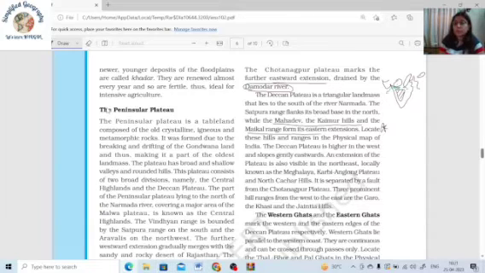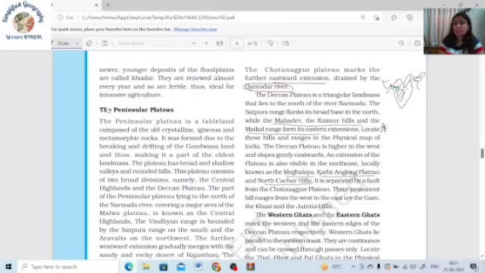Next, the Deccan Plateau is higher in the west and slopes gently eastward. An extension of the plateau is visible in the northeast, locally known as Meghalaya. Now here this particular location is Meghalaya, Karbi Anglong Plateau and North Cachar Hills.